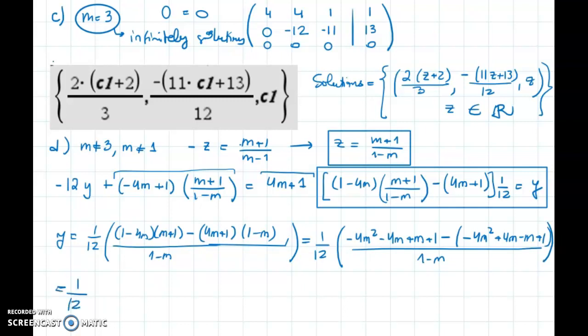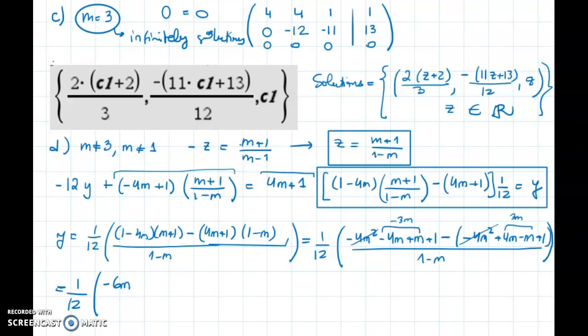And this is, let's see, I'm going to have the cancelling of the terms with m squared. That's nice. And then this is minus 3m, and here we have 3m, and there's a negative sign outside, so minus 6m, and then I have 1 and then minus 1, so they cancel.